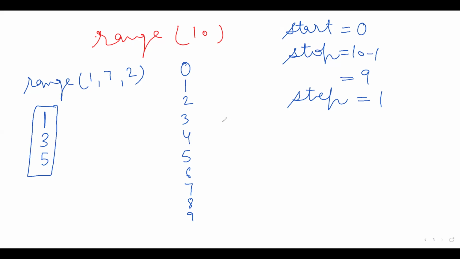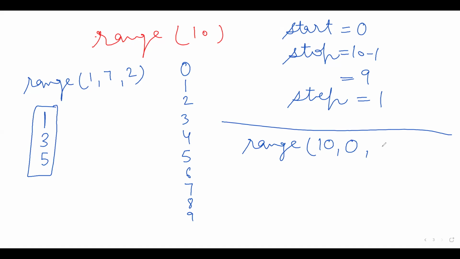We can use the range function in reverse order as well. If you want reverse values, that is also possible. Suppose I want to write 10 to 1. To get 1, I will mention 0 here, because it will go only till 1. And whenever you are giving reverse values, you will have to mention -1 as the step. +1 it can take automatically, by default it is +1.